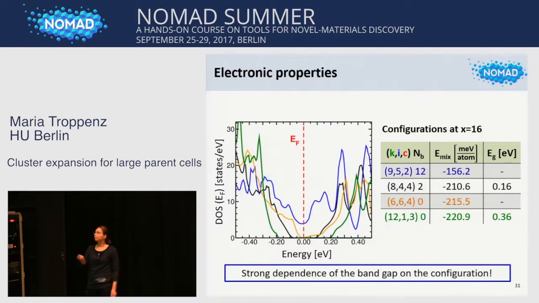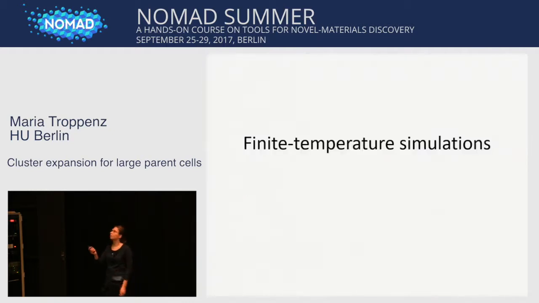So we can say we have a strong dependence of the band gap according to the configuration we want to study. And if we want to assign the energy difference from a configuration to the ground state to kinetic energy, we also can express the kinetic energy in some temperature, and this motivates us to study finite temperature effects.